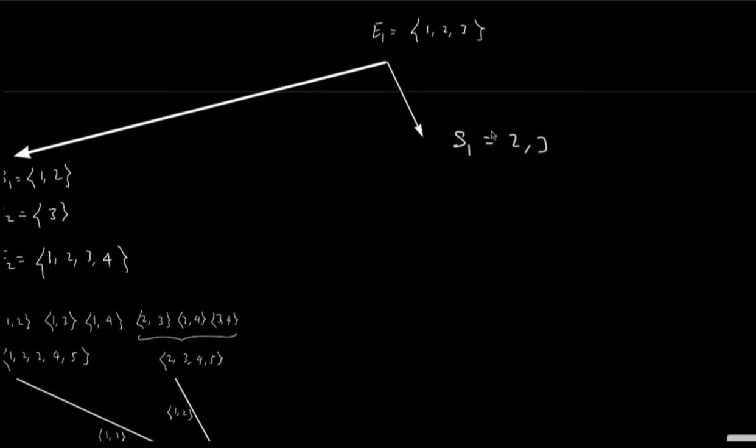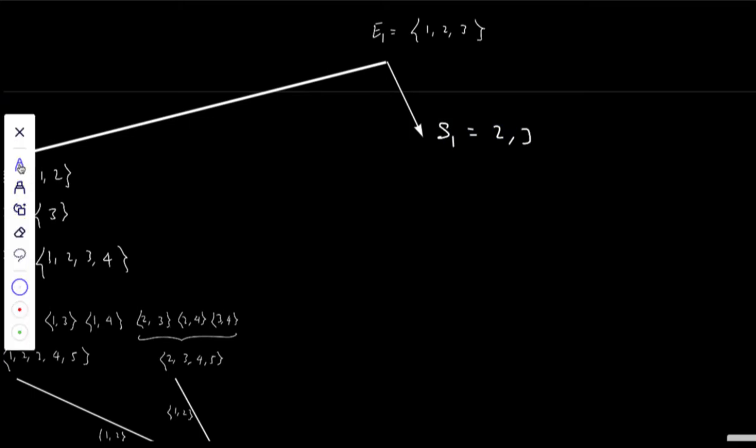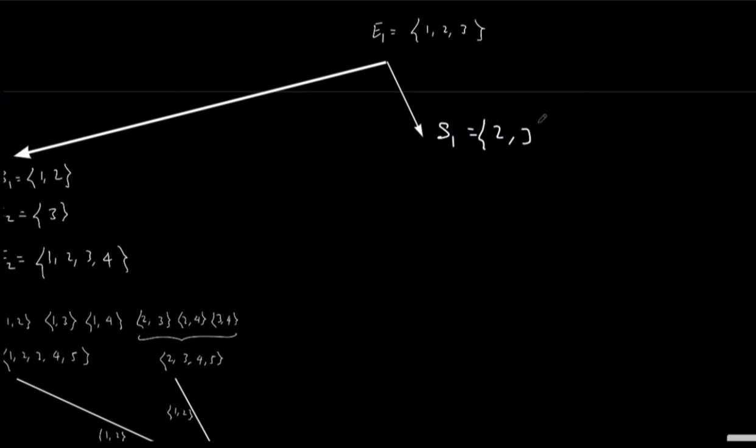So when S1 becomes 2, 3, right, E2 will become E2, that is 1. E2 is under curly bracket 1, and F2 is 1, 2, 3, 4.